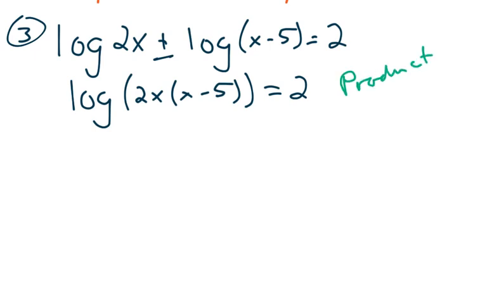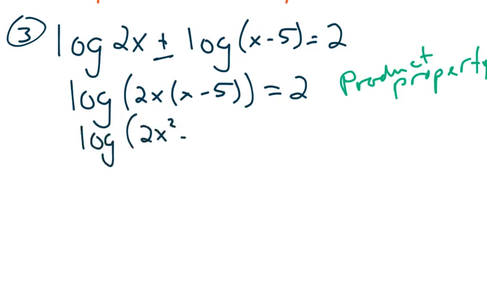I'll write that off to the side. Product property. So 2x times x minus 5 really becomes log of 2x squared minus 10x, and that's equal to 2. I'm just distributing a 2x to both sides. Again, let's rewrite this in exponential form.